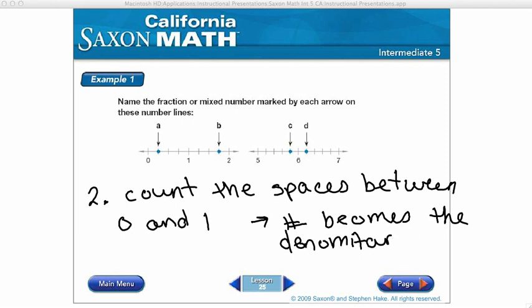Ooh, can't spell, guys. Sorry. Denominator. There we go. Okay, so count the spaces between 0 and 1, or between any 2 whole numbers that are next to each other, 5 and 6, 12 and 13, and that number becomes your denominator.